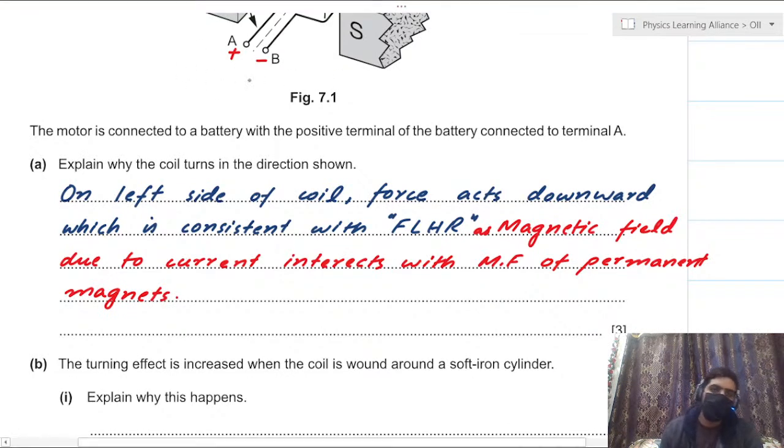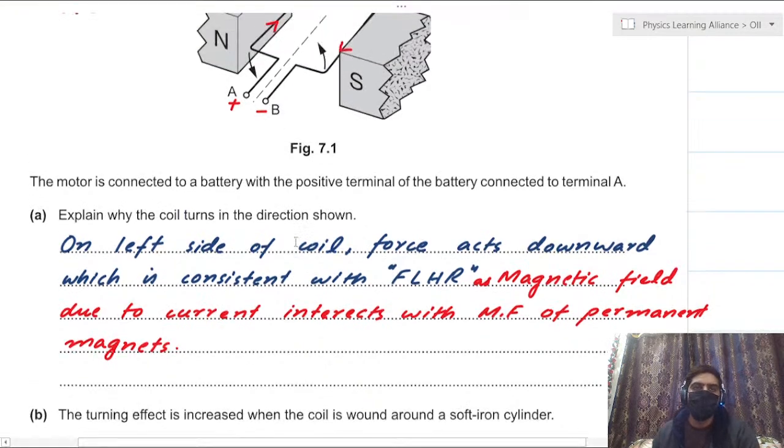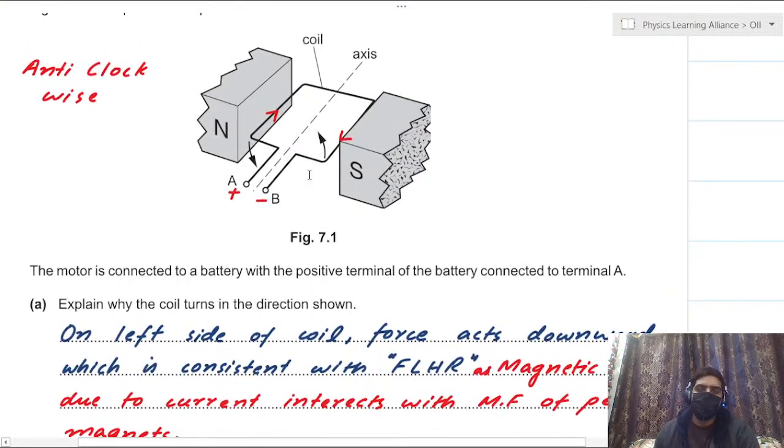Now on the other side of the coil, on the right side of the coil, the force is upward, or you want to call it upward. Once again, it depends on the point of reference, from what perspective you're looking at the image. I would personally call it upward.